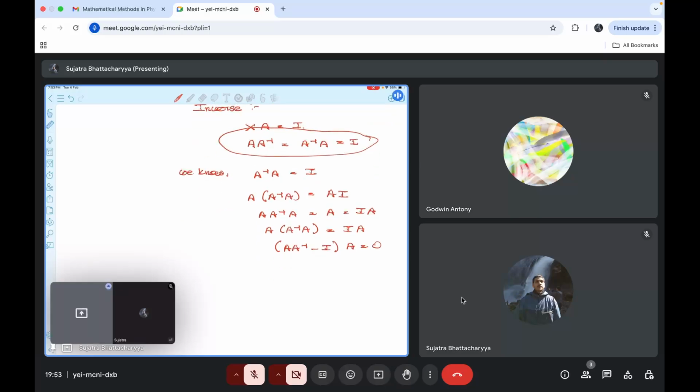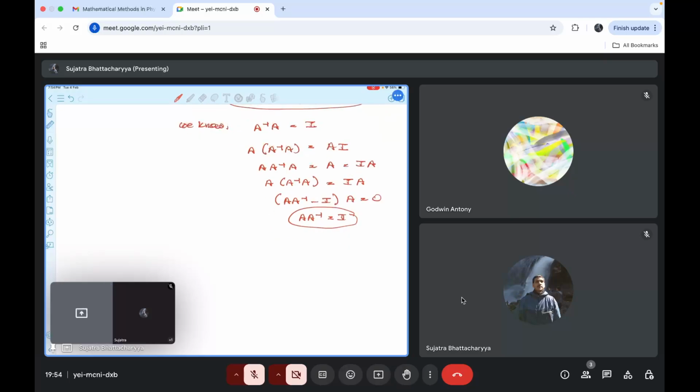Based on that, we can just say that this proves that A inverse A and A A inverse are the same. That is the identity. So here comes another operator called the identity operator. People are naming it the identity operator.